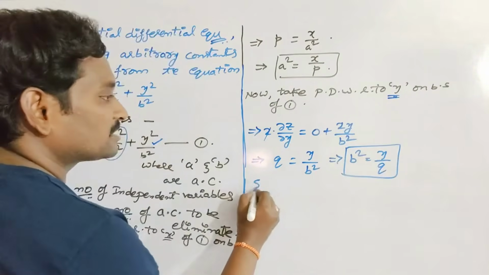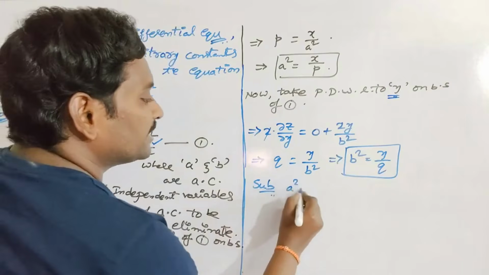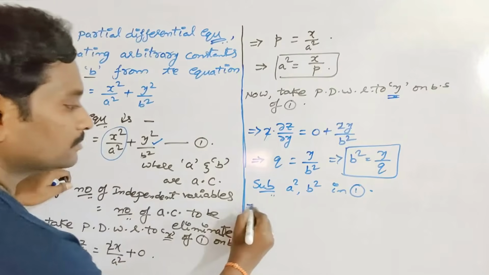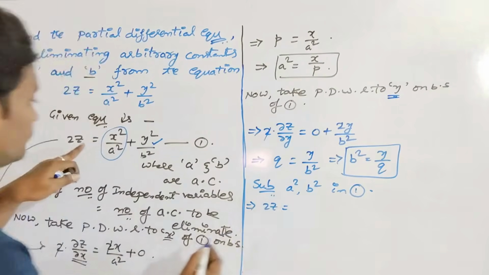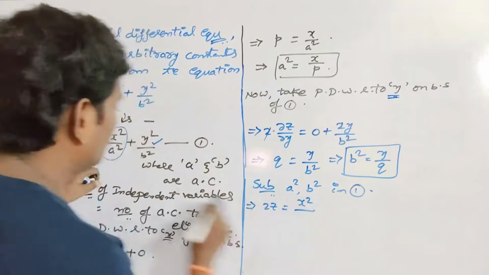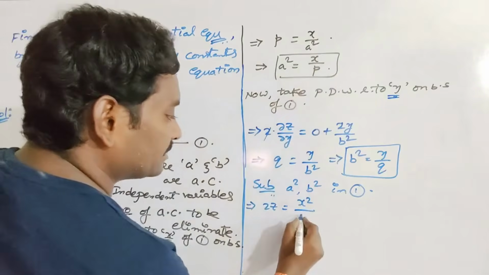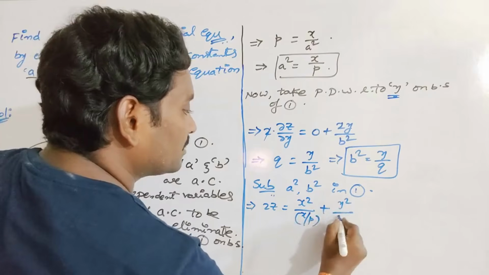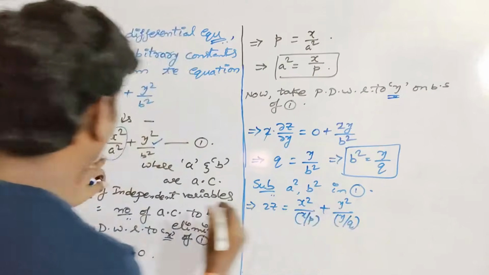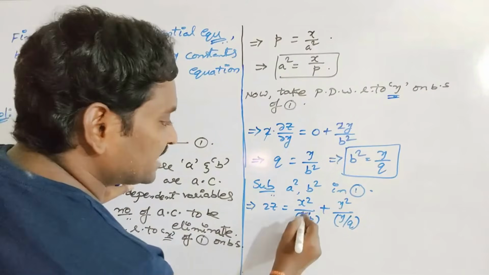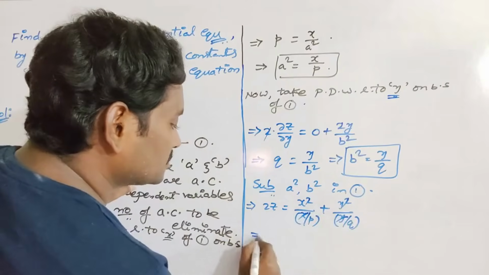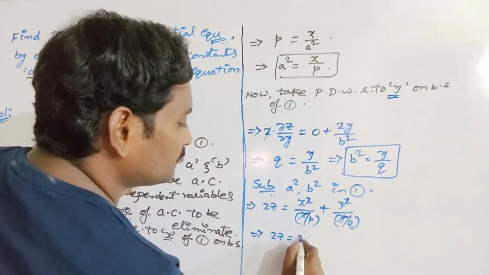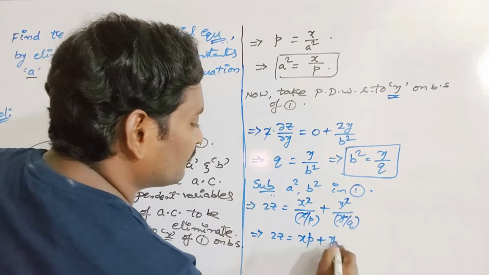Now substitute the values of a² and b² in 1. So you will get 2z = x²/(x/p) + y²/(y/q), which uses the b² value. So one x gets cancelled, one y gets cancelled, so 2z is equal to, as the denominator becomes the numerator, xp + yq.